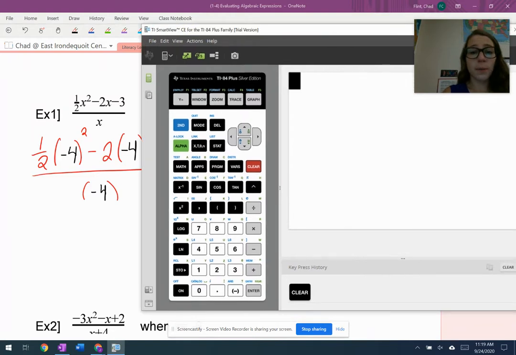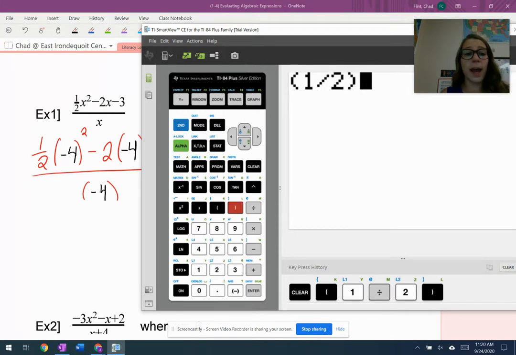So let's take a look. You should have watched the video on Google Classroom about fractions in the calculator. So fractions need to be in parentheses. 1 divided by 2, so 1/2.